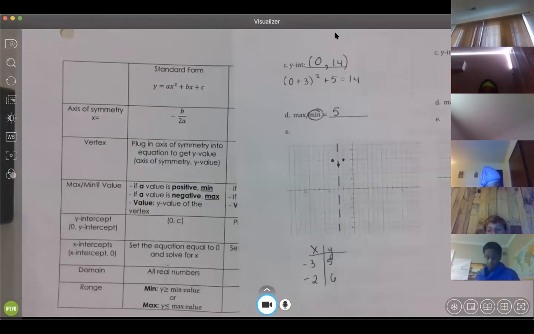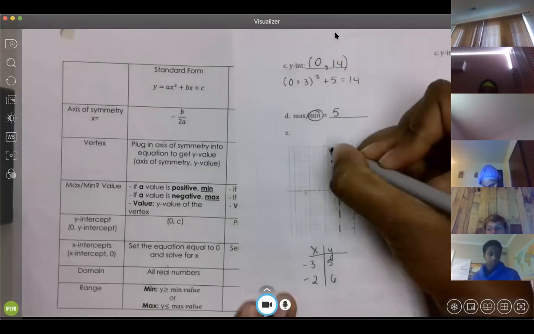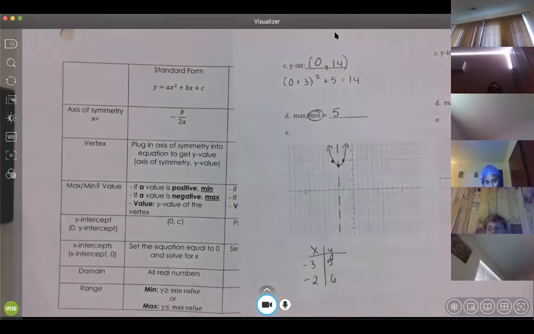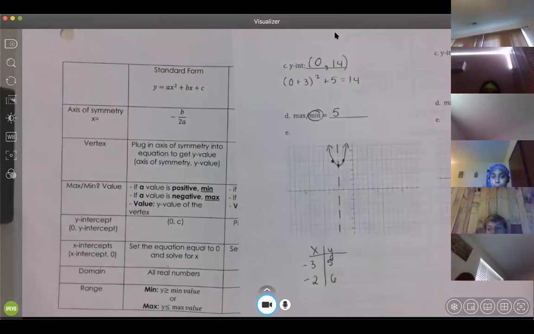And then you have enough points to make a parabola. So if you're in a situation where you can't actually graph the y-intercept, create a table of values. You just need one other point besides the vertex, and then you can use the axis of symmetry to reflect it. Any questions about the graph?